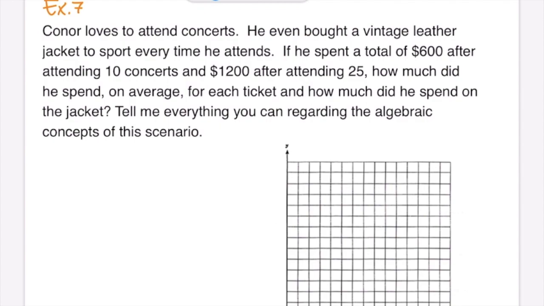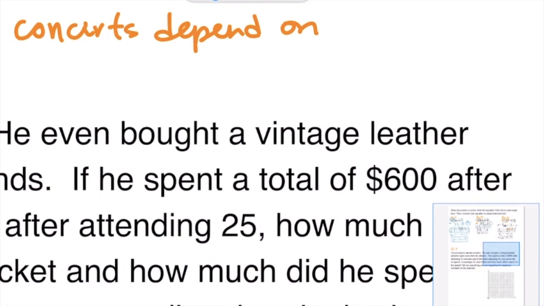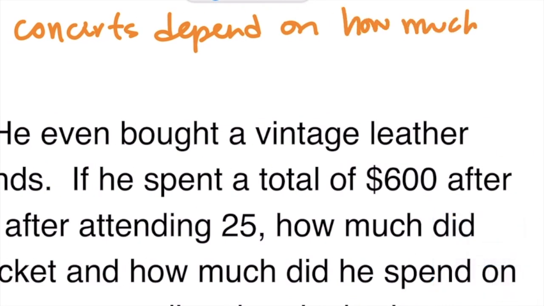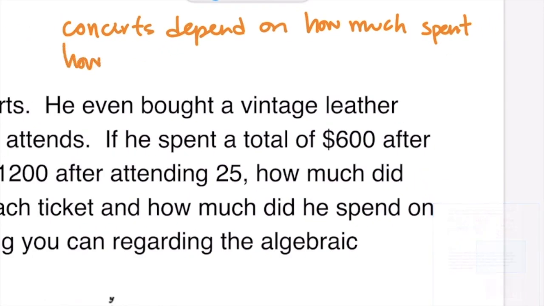So here's where you're going to ask yourself, do the concerts depend on how much he spends? Or does how much he spends depend on the number of concerts he goes to?